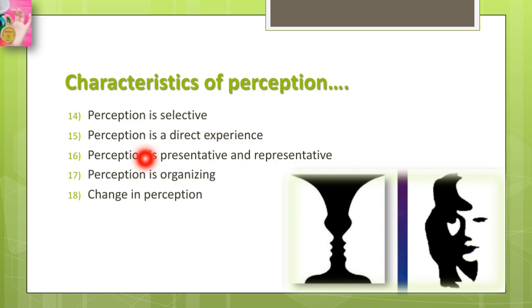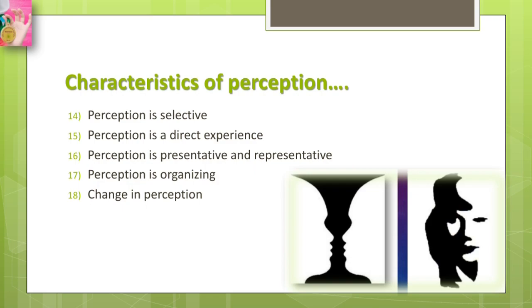And perception is presentative and representative. Perception is presentative in the sense that it is influenced by external stimuli, and it is representative also because it involves memory and imagination. And perception is organizing, and one of the most striking characteristics of perception is the fact that it is nearly always organized.